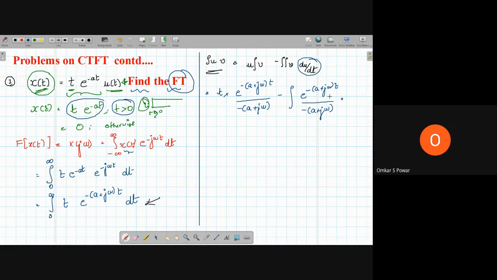With respect to t, it is 1. And the limit varies from 0 to infinity.